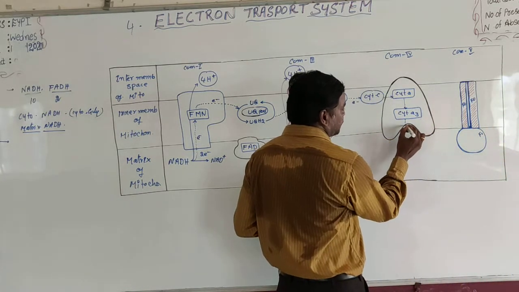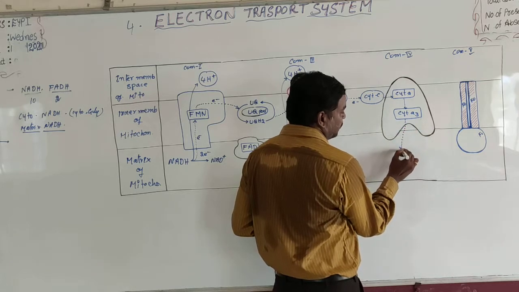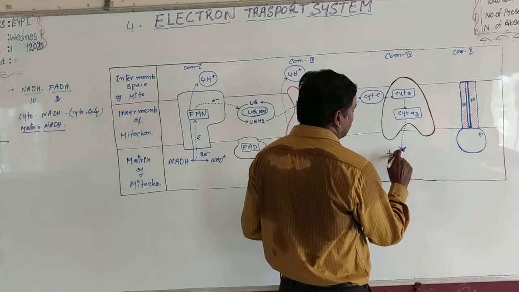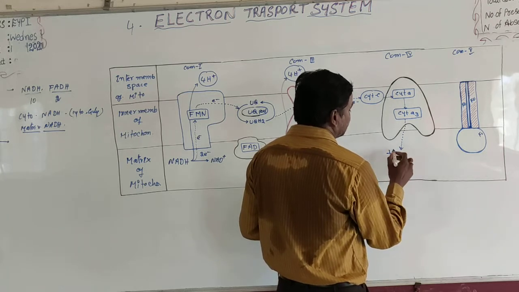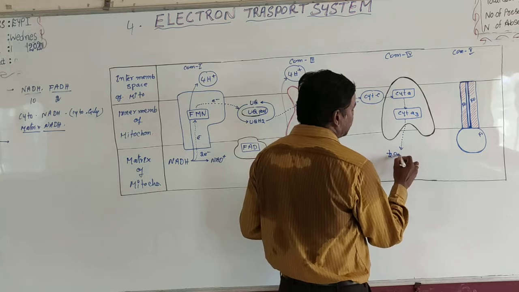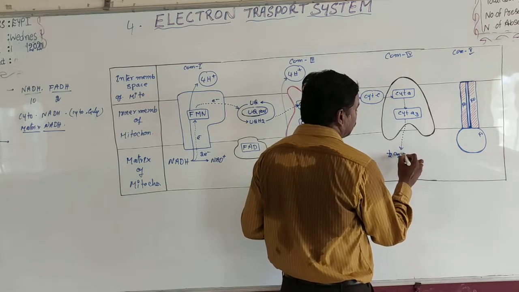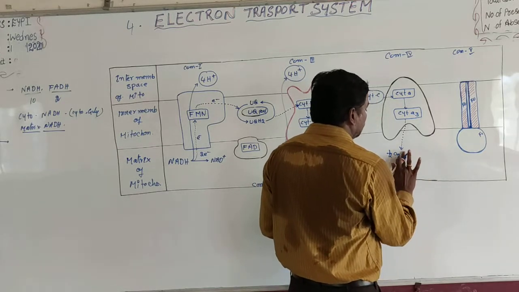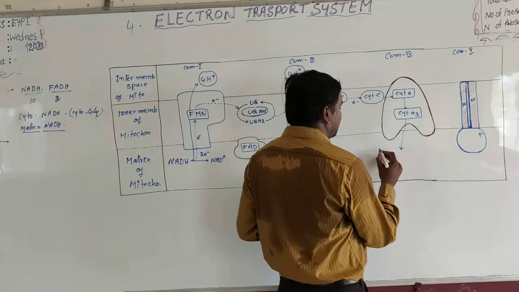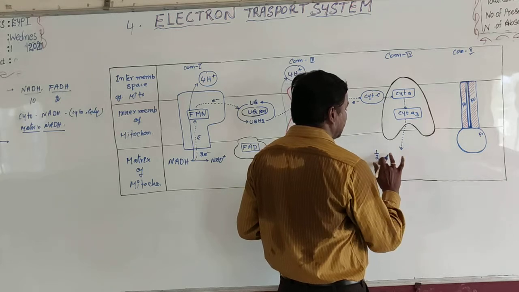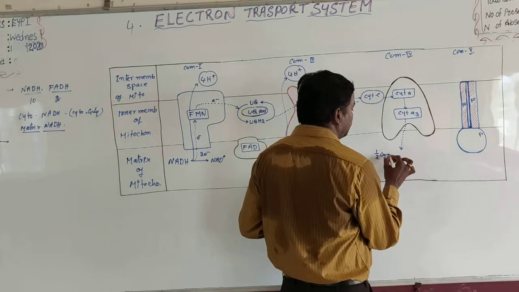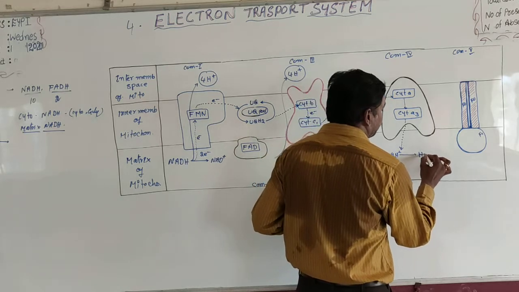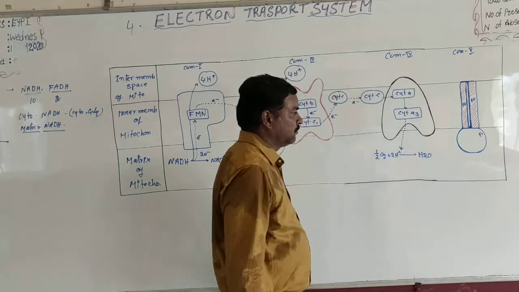Ultimately, these electrons are transferred to half molecular O2, and it also accepts 2H plus, leading to the formation of one molecule of water.